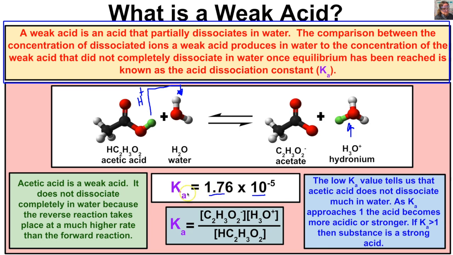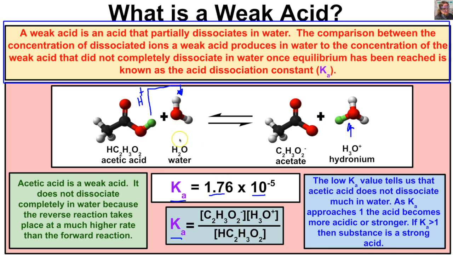And so how do we calculate the Ka of a weak acid? Well, to calculate the Ka value of a weak acid, in other words, how do we end up with this right here? It's simple. We take the concentration of the two ions that are produced in water. So we take the concentration of acetate ions in water times the concentration of hydronium ions in water, and we divide it by the concentration of our weak acid, in this case acetic acid.